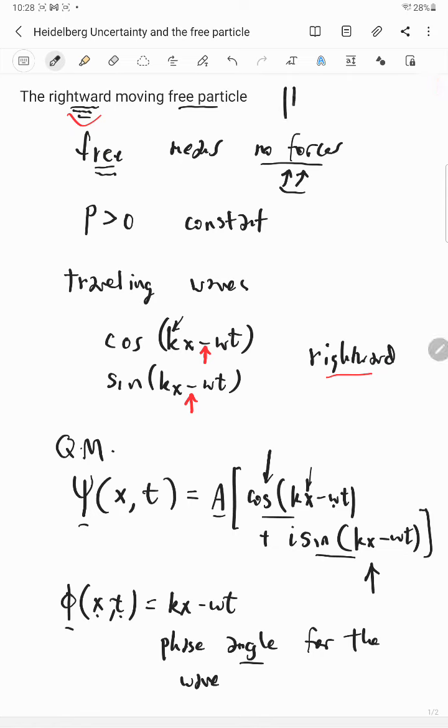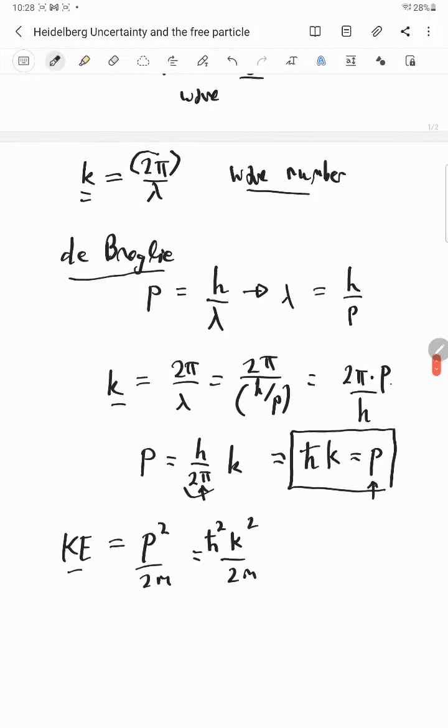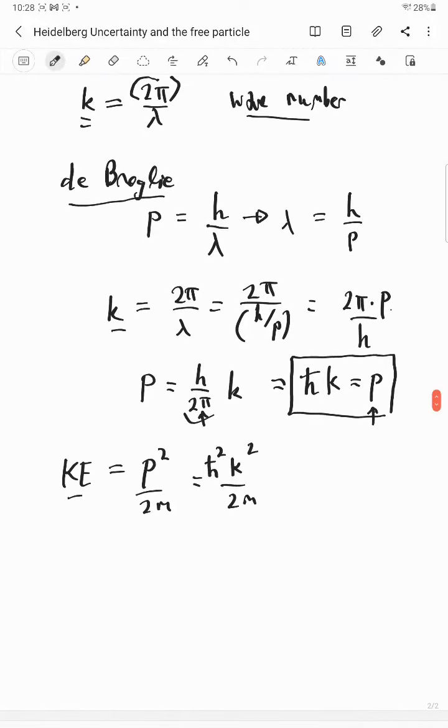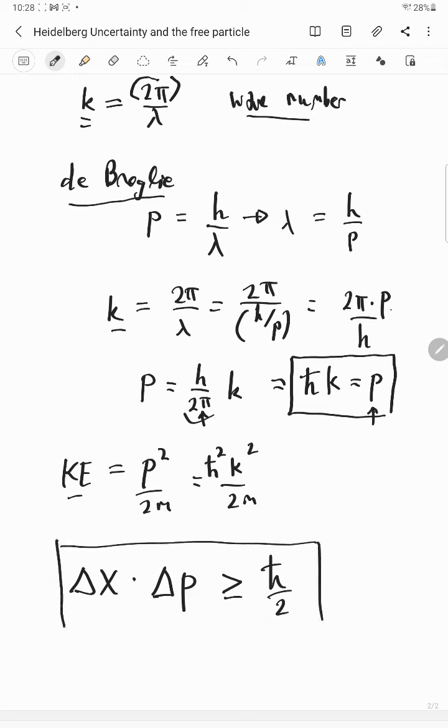I want to think about Heisenberg's uncertainty principle, right? That's what I want us to think about. So if I want to think about the Heisenberg uncertainty principle, I want to think about delta x, delta p being bigger than or equal to h bar over 2, right? So this is the statement of Heisenberg's uncertainty principle.